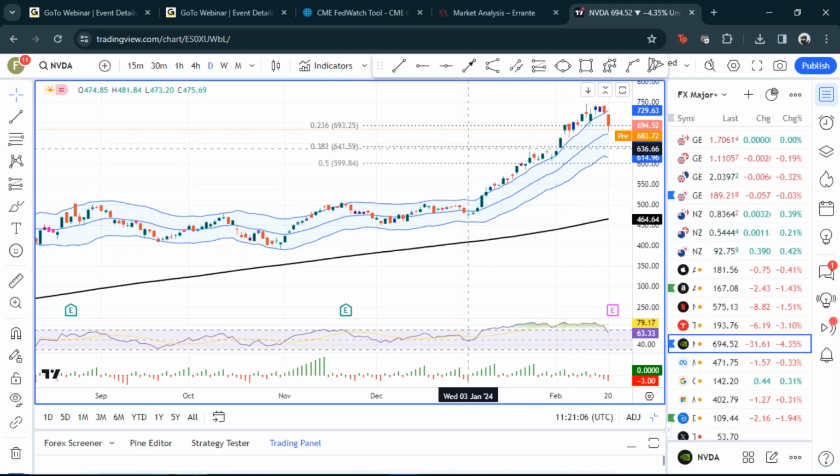Then the next major fib level will be down at 641.59. That's the 38.2 of that retracement, which, if I'm working it out, would be around 12% or so of where the closing price was. Let me just check that.